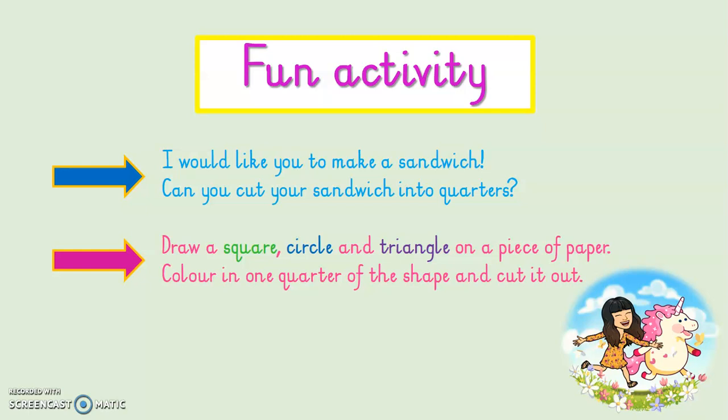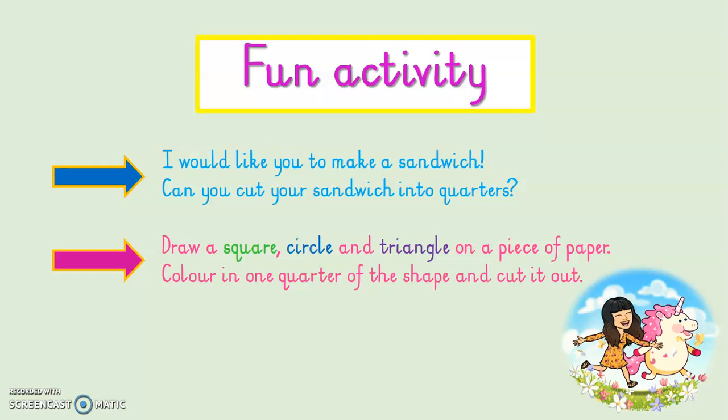The purple arrow. I would like you to draw a square, circle, and a triangle on a piece of paper. I want you then to color in 1/4 of the shape and cut it out. Now, one of the shapes, the square, circle, or triangle, is a tricky one. It is there to catch you out.